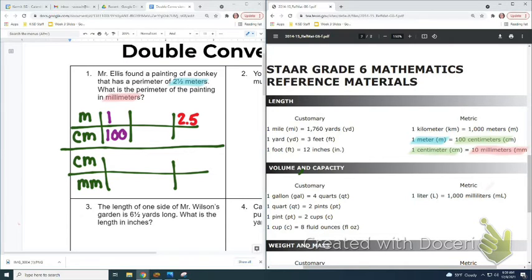Now I need to go ahead and figure out how am I going to go from 1 to 2.5. Well, I'm going to multiply by 2.5. Again, this is not the only way to get there. There are multiple ways you could get there to get your answer. But that means I'm going to take that rule and I'm going to multiply 100 by 2.5. Now you could set this up, and I'm going to show you off to the side how you could do this.